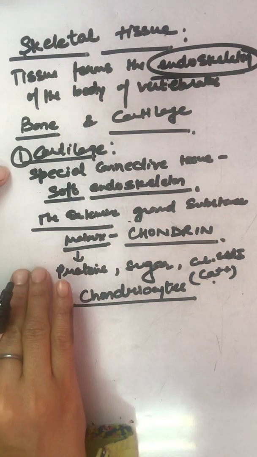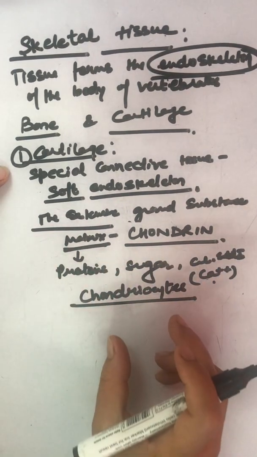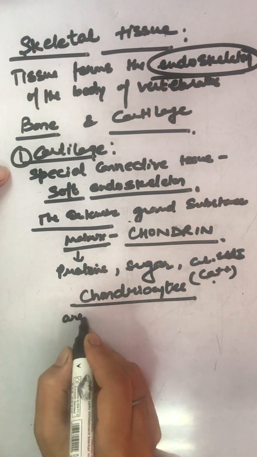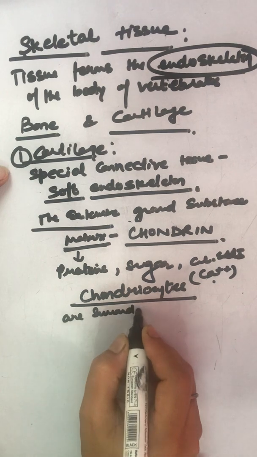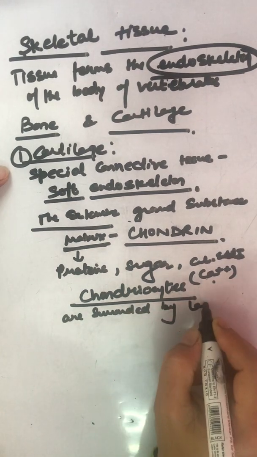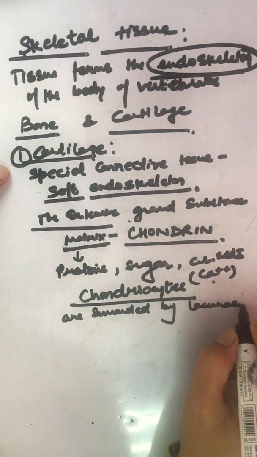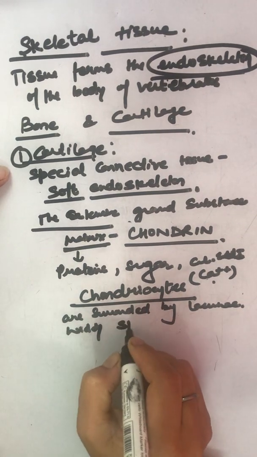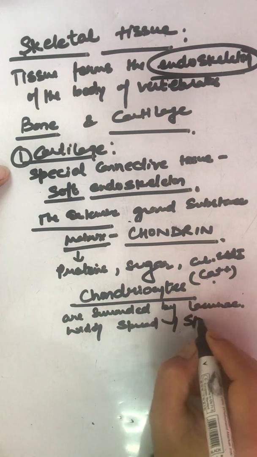Fine. It has a matrix made up of all these; there are chondrocytes, surrounded by lacunae, that means cavity, and these are widely spaced.